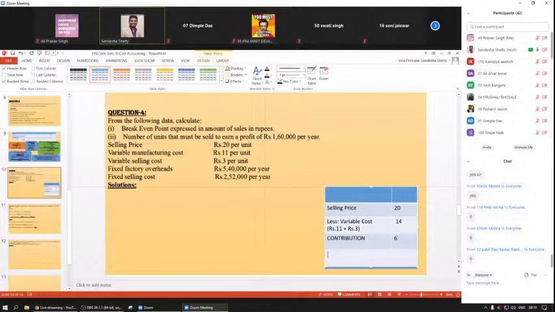Less fixed cost we have to do, but we don't have fixed cost per unit. We cannot deduct it here because it is not given per unit; it is given amount wise, total amount wise.